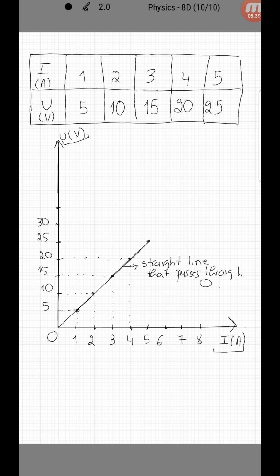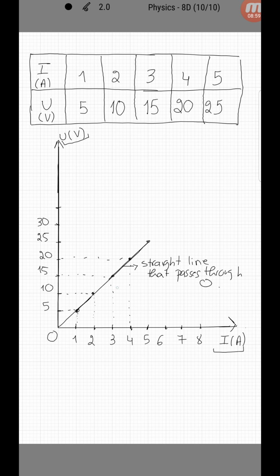So, always, if I plot the voltage-current characteristic of a resistor, I will get a straight line that passes through O. So, this is the voltage, the current.